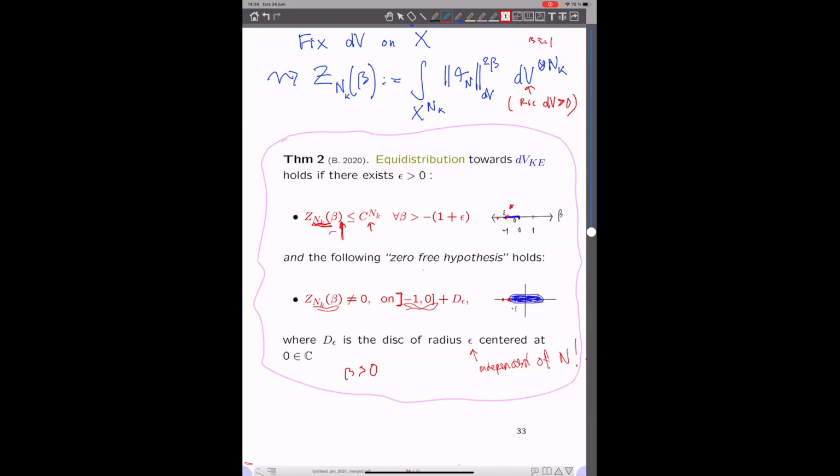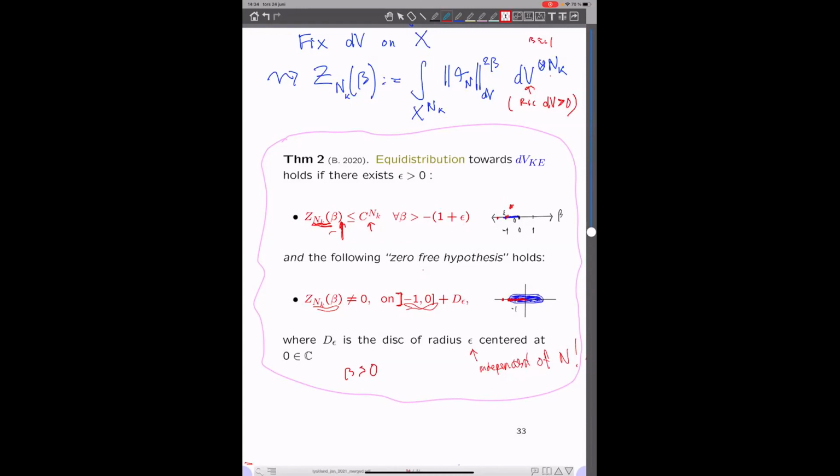Obviously along this line, the zeta function is never 0 because it's actually positive, but I need some whole neighborhood independent of n where there are no zeros.